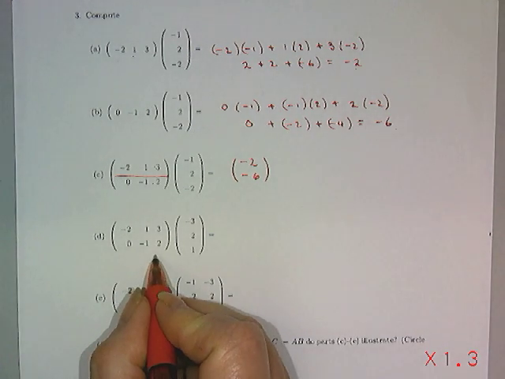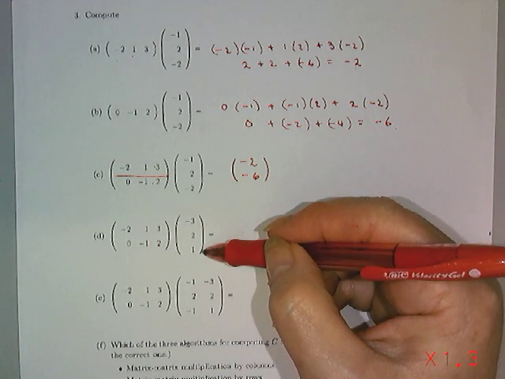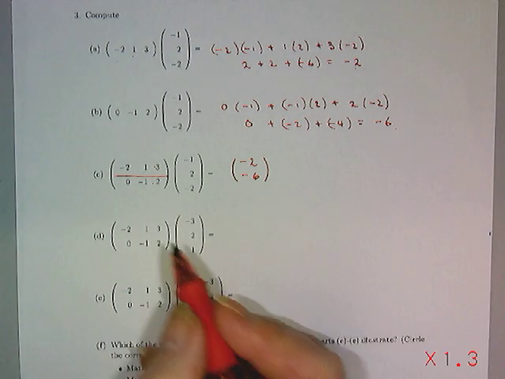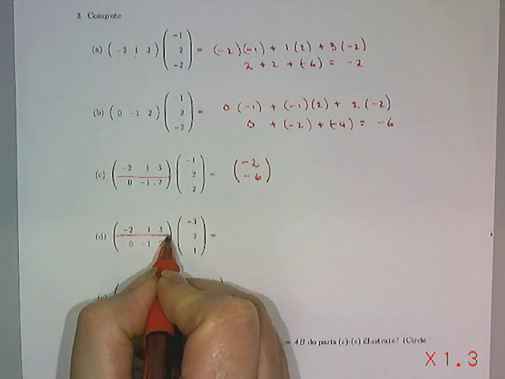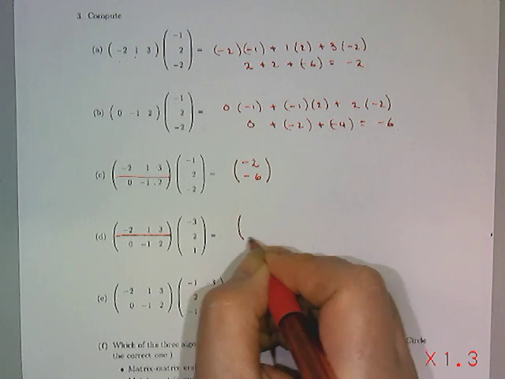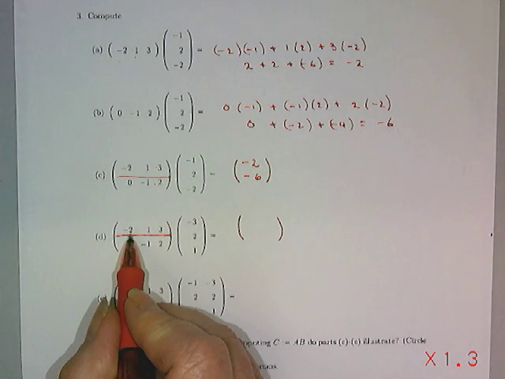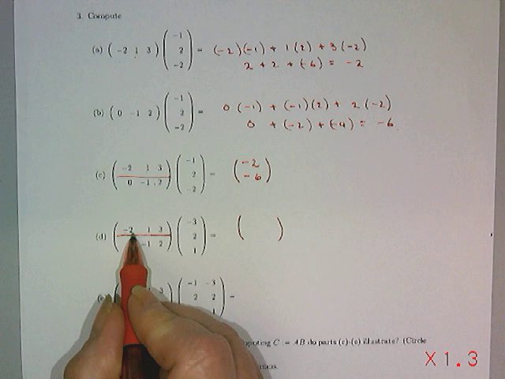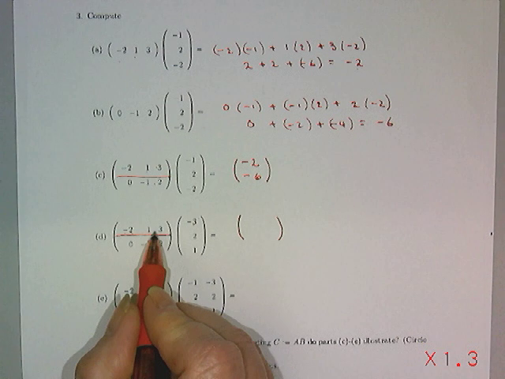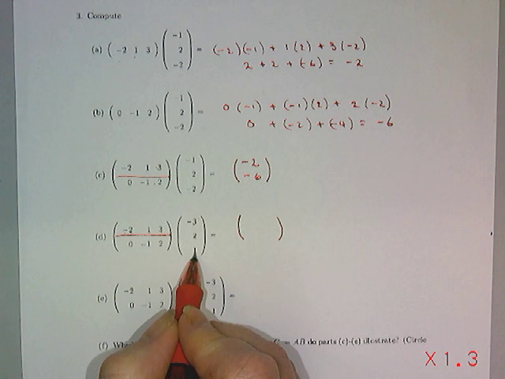Okay, here I'm going to have to do arithmetic again because it's the same matrix, but the vector that we're multiplying by is different. So I'm going to again partition and use dot products. I know the answer is a vector of size 2, where the first component is going to be -2 times -3, 6, plus 1 times 2, which is 2, plus 3 times 1, which is 3.